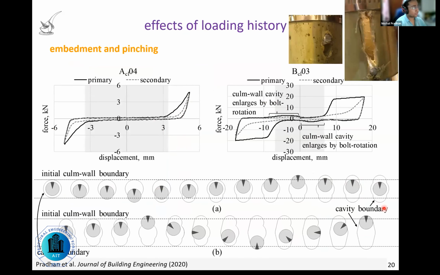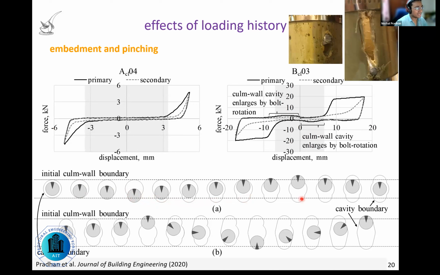One of the drawbacks of bolted connections for bamboo structures is that they are susceptible to a lot of vibrations. This arises because of the pinched hysteretic curve. During the low amplitude cycles, during the loading stage, the bolt embeds into the bamboo culm wall and leaves behind a small cavity during the unloading stage.